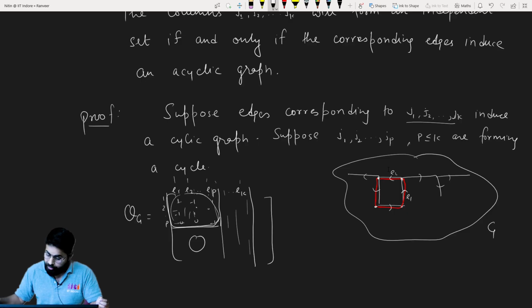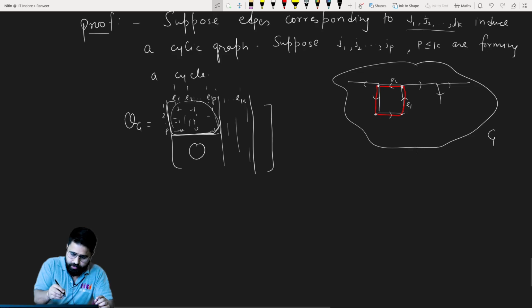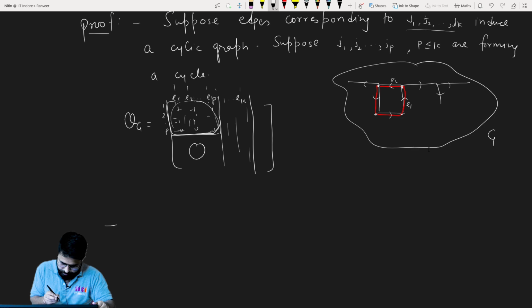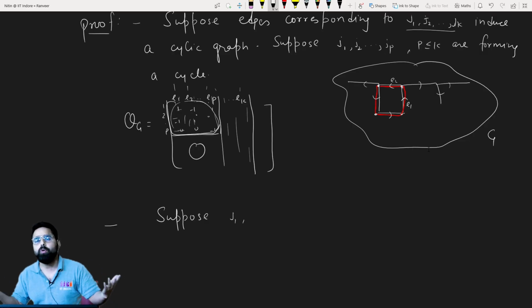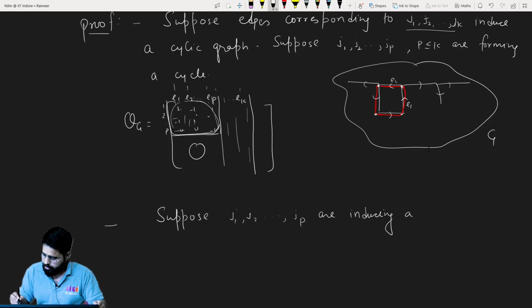Now let us move to the other part, the converse part. Suppose the edges corresponding to these columns, AJ1, J2 up to JP, are inducing an acyclic graph.